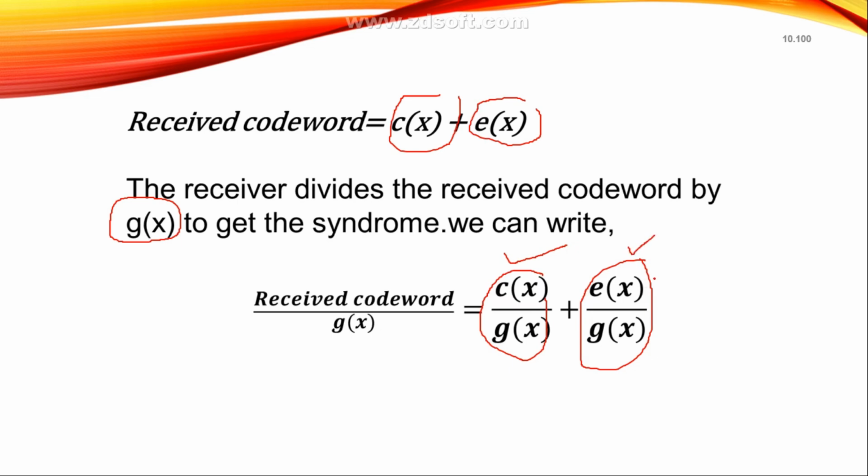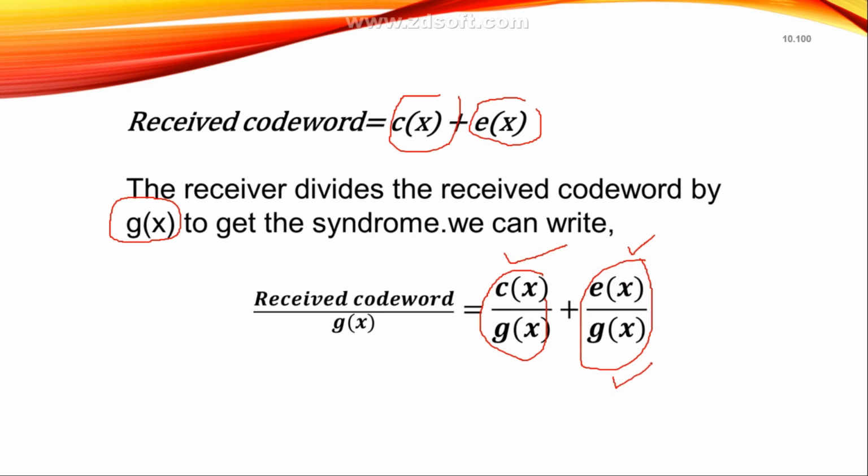If this term doesn't have a remainder, it means the syndrome is equal to 0. Either e(x) is 0 or e(x) is divisible by g(x). So we don't need to worry about the first case. The second case is very, very important. The errors that are divisible by g(x) are not caught.